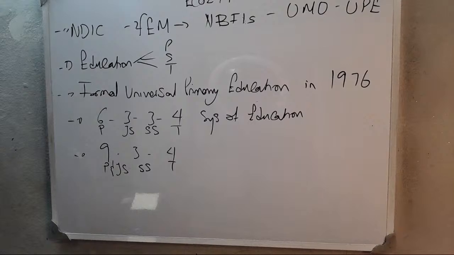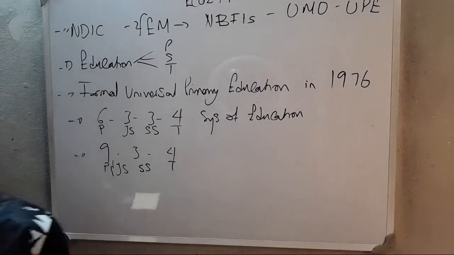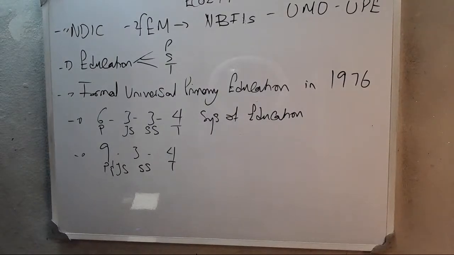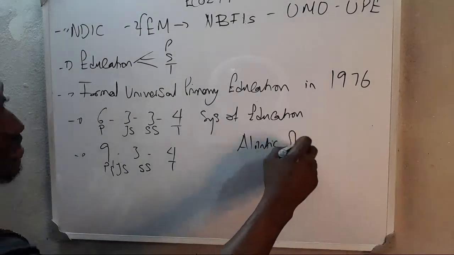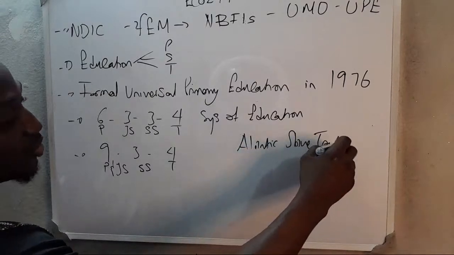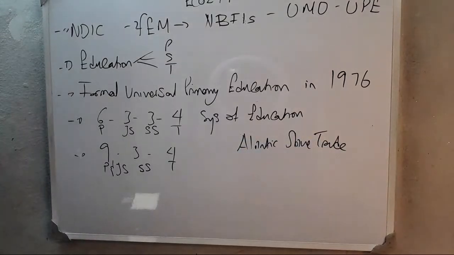Now let's quickly talk about the Atlantic slave trade. Speaking of the Atlantic slave trade, according to Philip Cotton, it was the largest known force of intercontinental migration in the world.